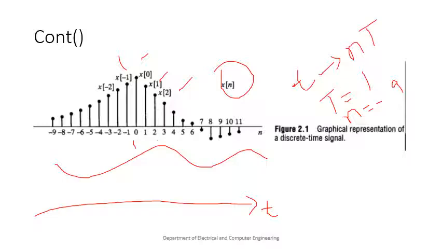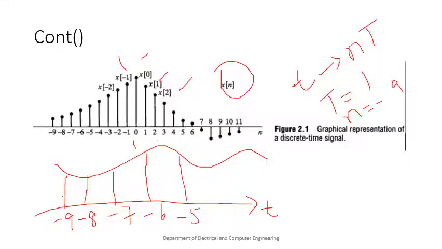So minus 9 into 1, our first sample will be here. Then n increments and goes to minus 8. So this is minus 9, this is minus 8, then minus 7, then minus 6, then minus 5.